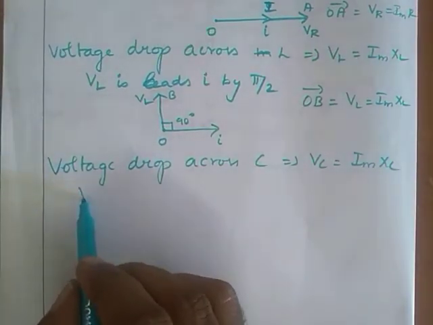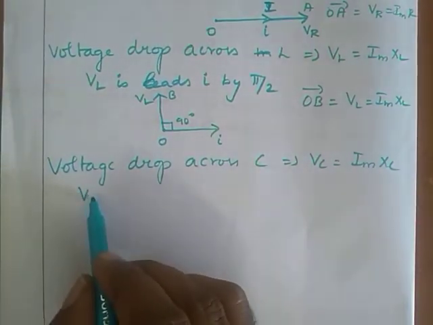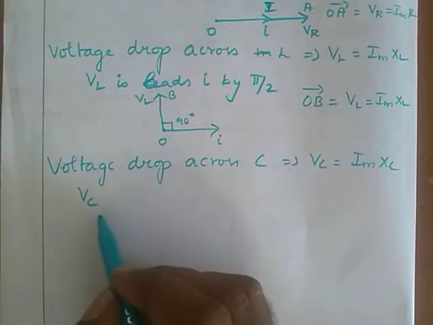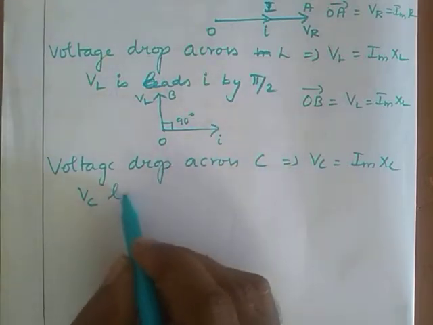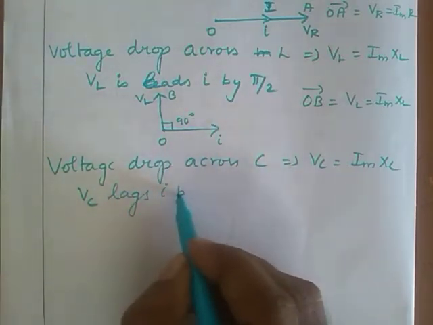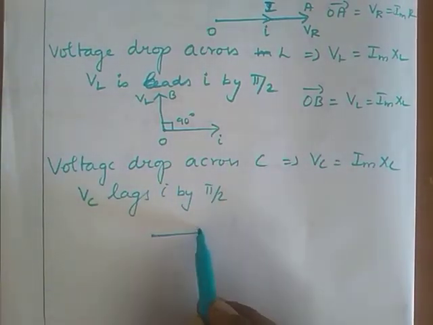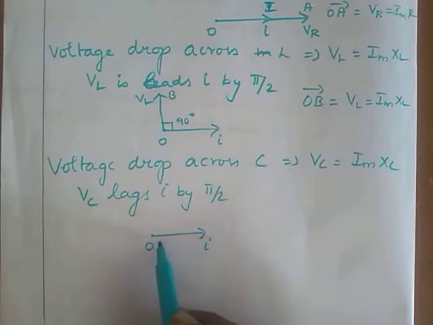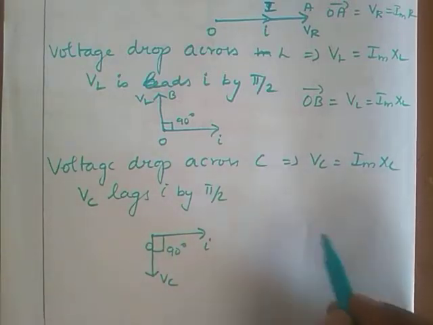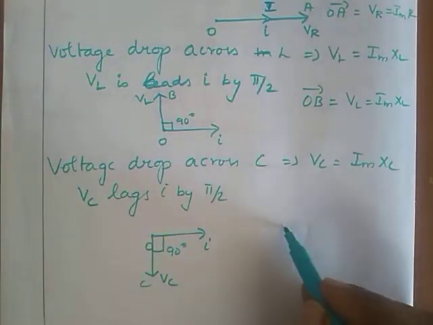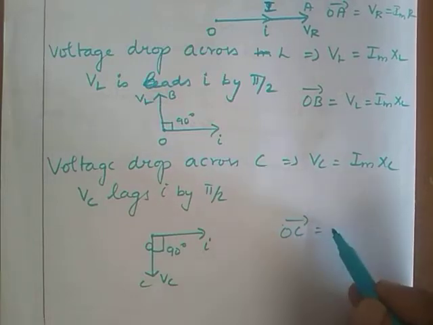Here the voltage drop across the capacitor C lags I by pi by 2. That can be drawn as, this is the current, this is the voltage, this is VC. It lags behind by pi by 2. Then this one is C, then the OC vector, this phasor, is written as VC is equal to Im XC.